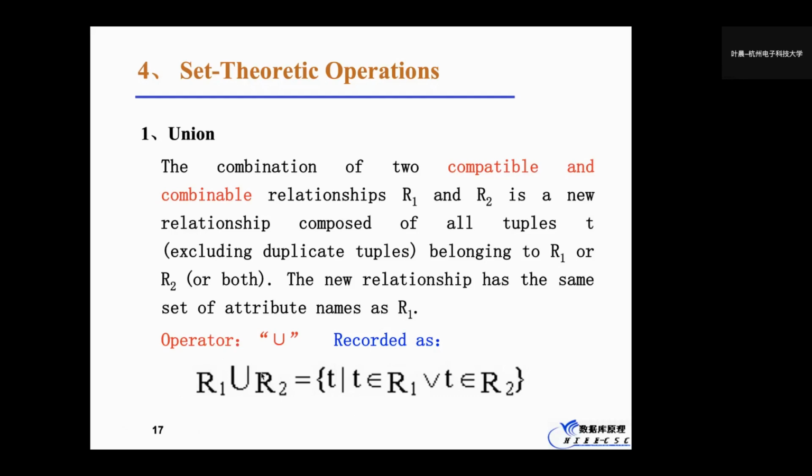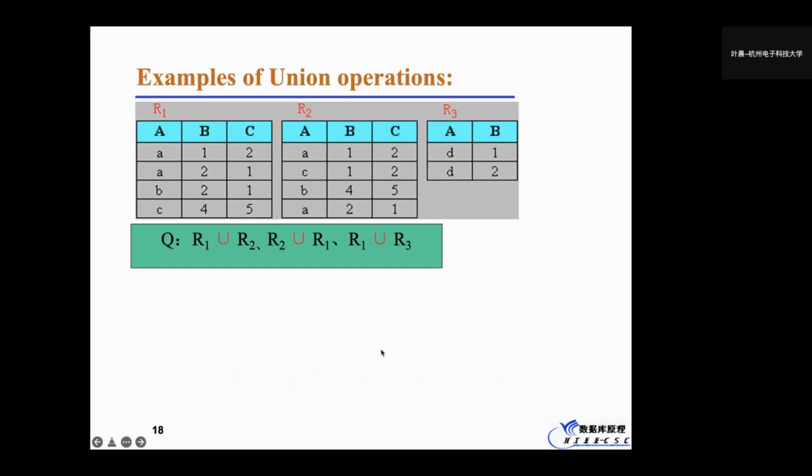For example, let's see if I give these three tables, please see what is the result of these three operations. So before we merge the tuples from two tables, we need to make sure these two relations are comparable and compatible. We can see R1 and R2 have the same attributes and each attribute has the same domain.